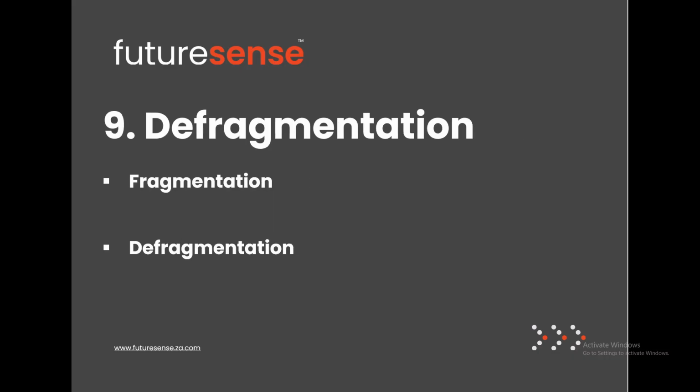9. Defragmentation. In Planning and Essbase, fragmentation refers to unused space within a database. This can lead to increased data file sizes and potentially slower performance. The impact on performance is less significant with modern hardware and Essbase enhancements.